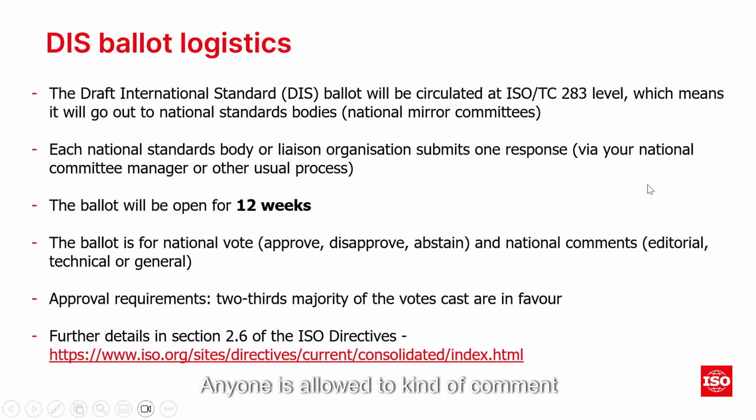Anyone is allowed to comment on that draft. The national body will then collate all that feedback and then feed it into the international standards body. Okay, so what will happen is that our international committee will receive a number of comments from these national standards bodies based on public feedback or feedback from a variety of organisations in their country.